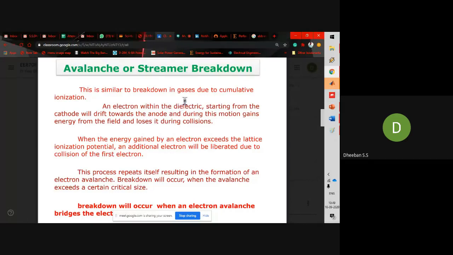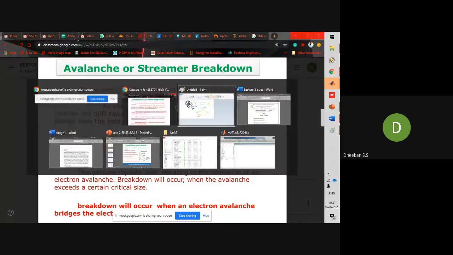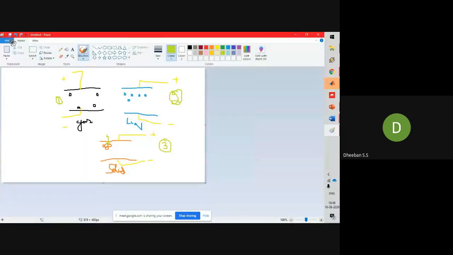During this motion, it gains energy from the field and loses it during collision. So this is the first part, this is the first part you have to take. Okay, so we'll be erasing it.